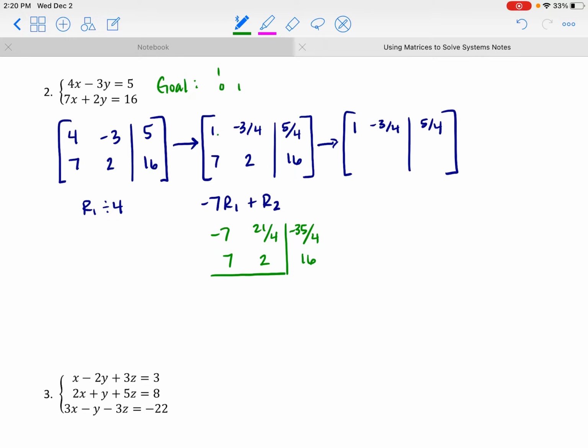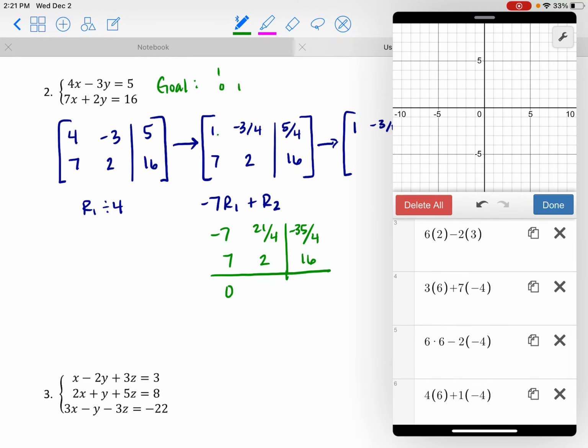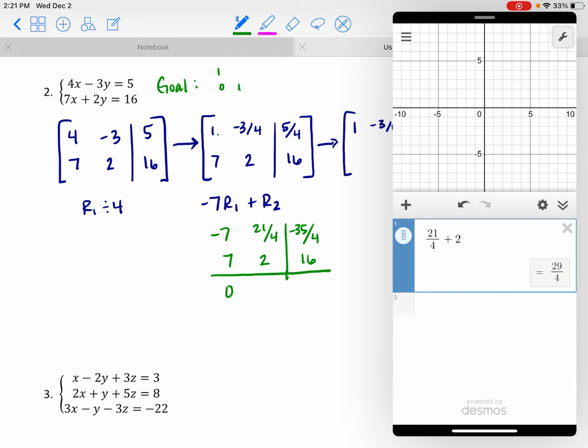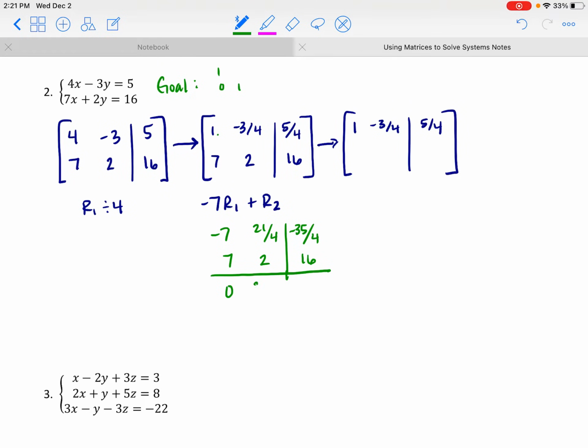So that would give me my new row 2, which would be 0. That's what I wanted. And then 21/4 and 2, just so I don't do anything silly, 21/4 plus 2 is 7.25, or as a fraction, 29/4. And I like the fractions better, so I'm going to make that 29/4.